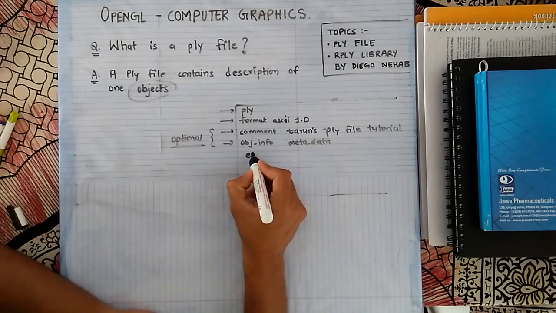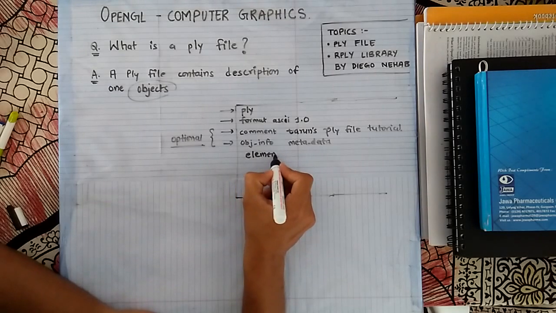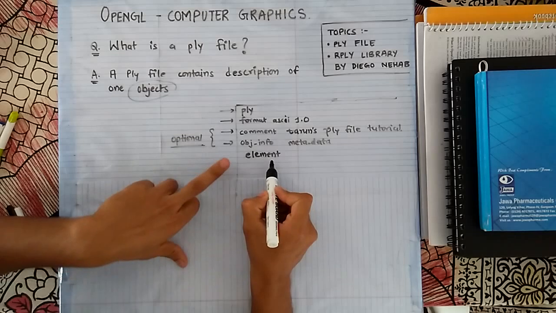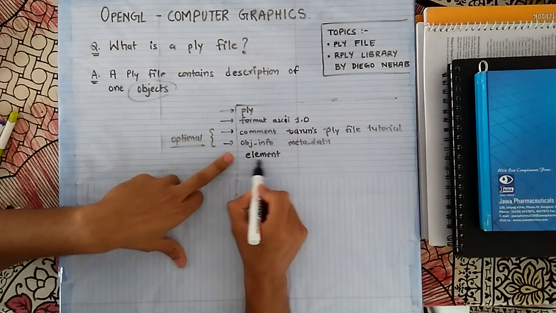So our first element for this PLY file is element. If the first keyword is element, then the PLY file reader understands that some kind of element is being introduced.